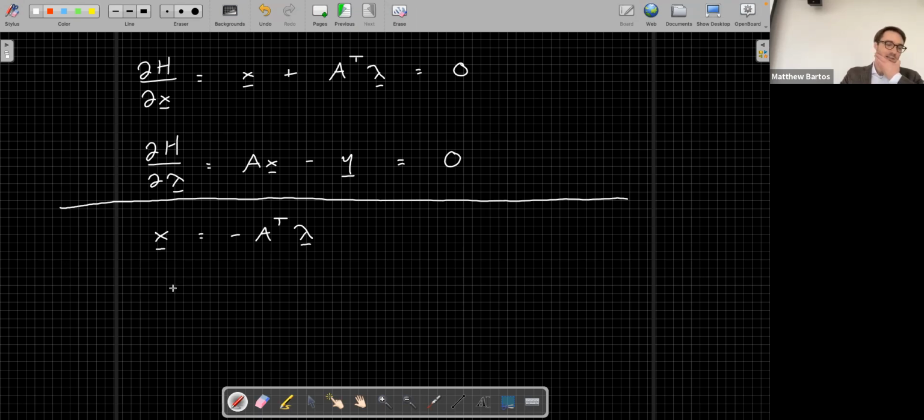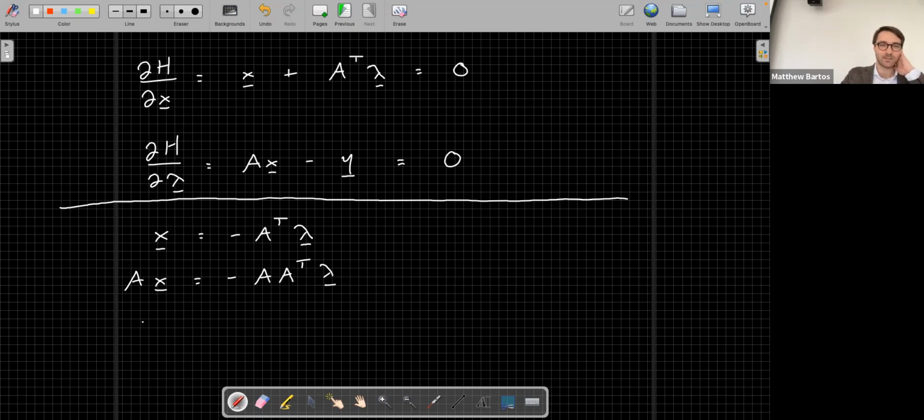Okay, let's go ahead and pre-multiply by A. We have that Ax is equal to negative AA transpose lambda. Okay, and we can find lambda by pre-multiplying by the inverse of AA transpose.